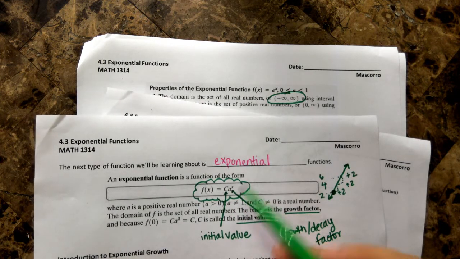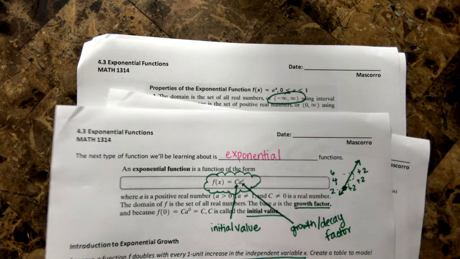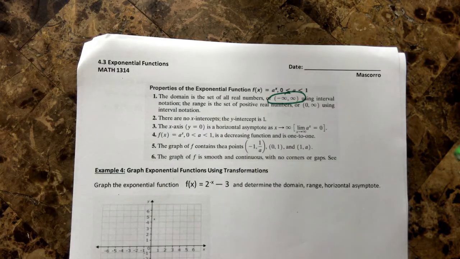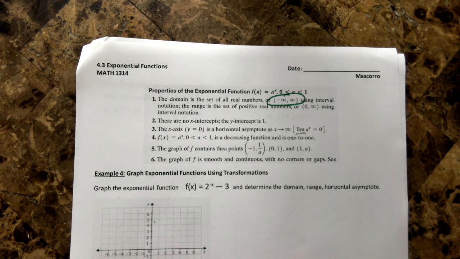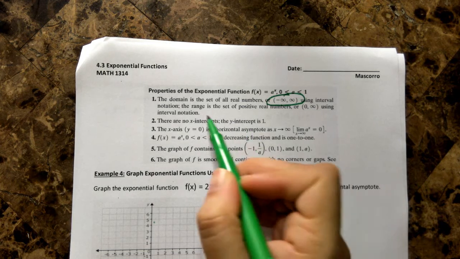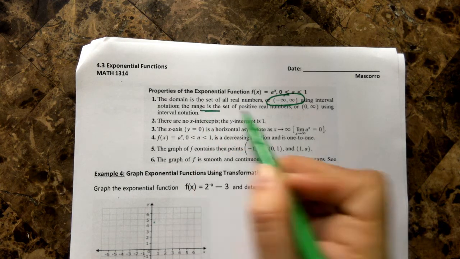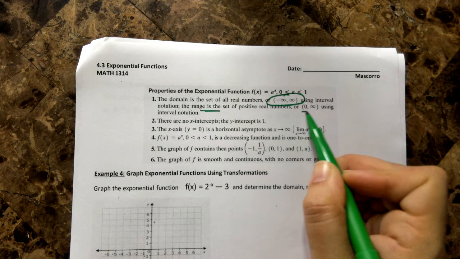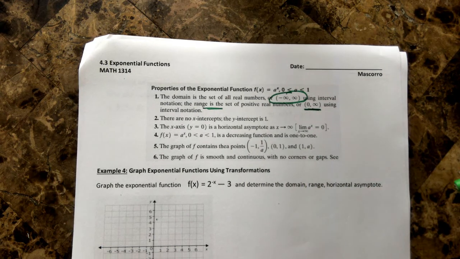There will never be any undefined or error values that you can plug in. The range is actually the set of positive real numbers from 0 to infinity. So that's pretty nice. It's always the same for all of the exponential functions.